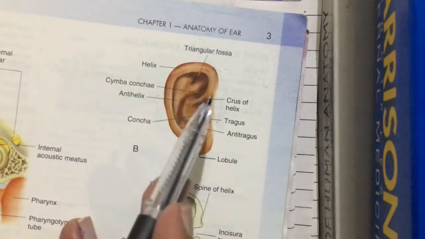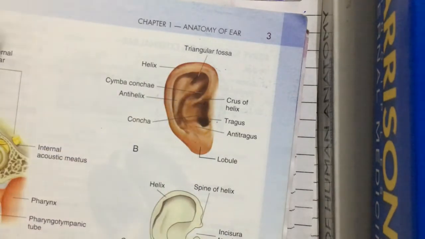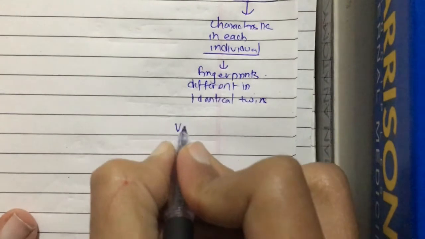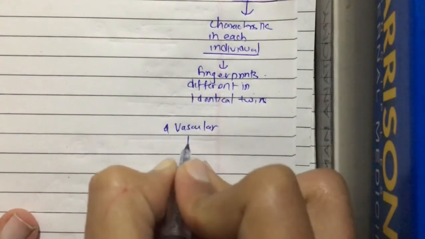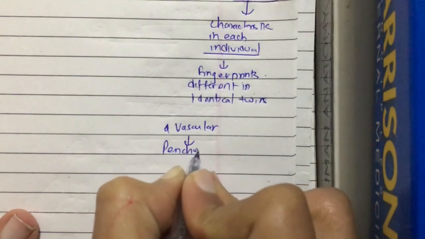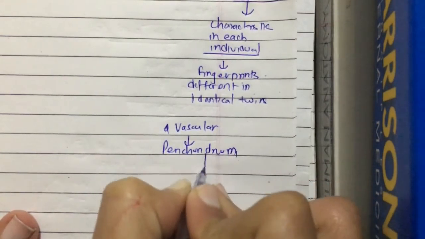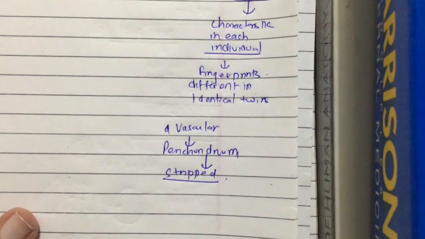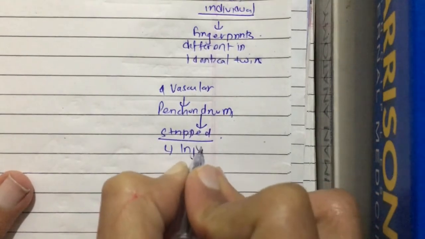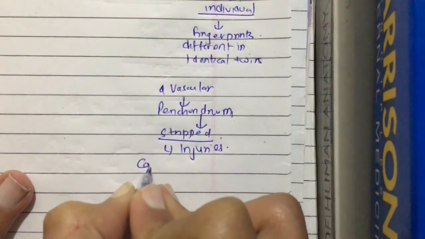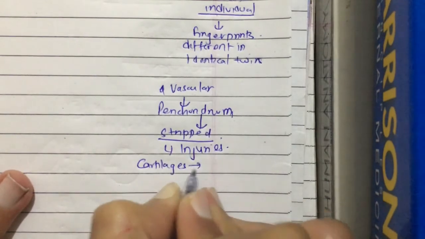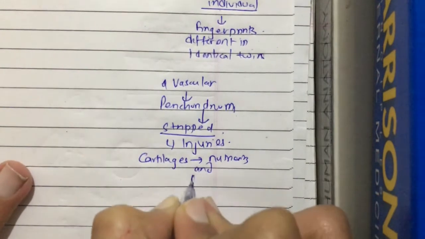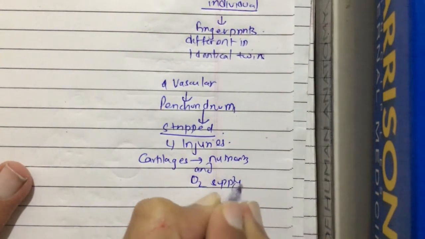They receive the blood supply from the perichondrium. That means if the perichondrium is stripped by any means, for example during injuries, then the cartilage cannot receive nutrients and oxygen supply, so it undergoes necrosis.